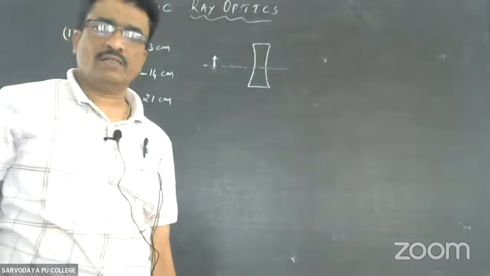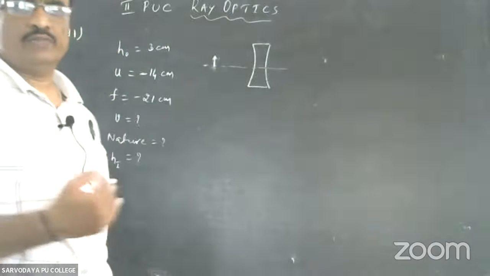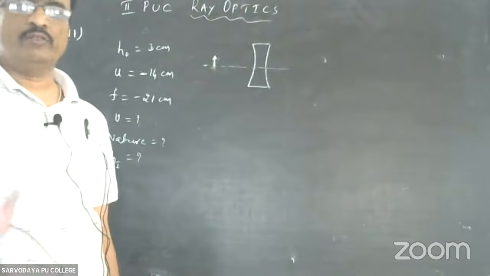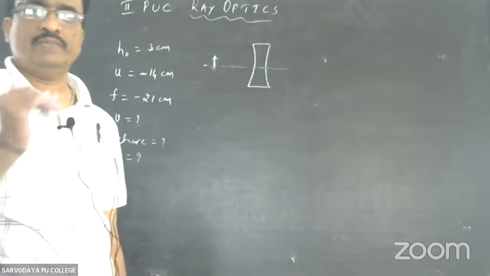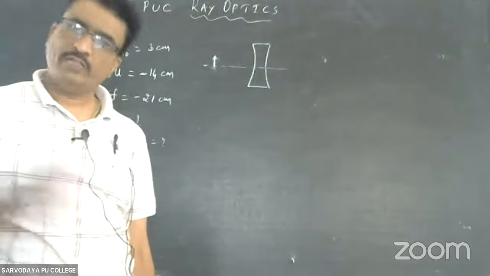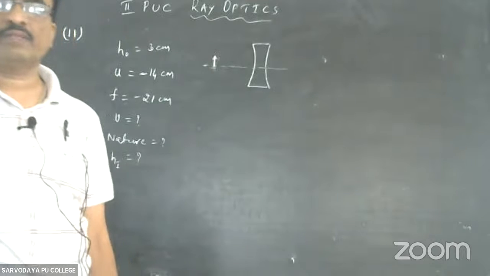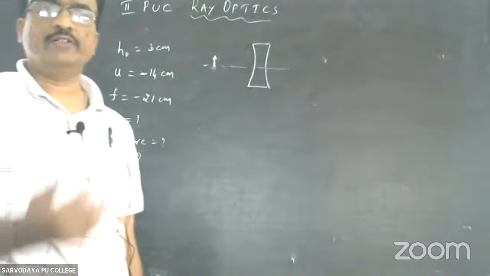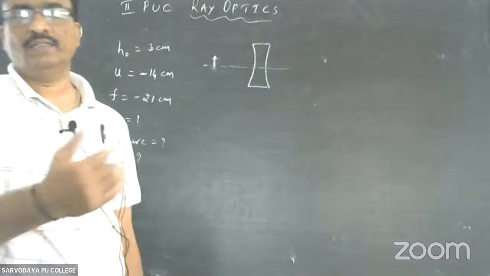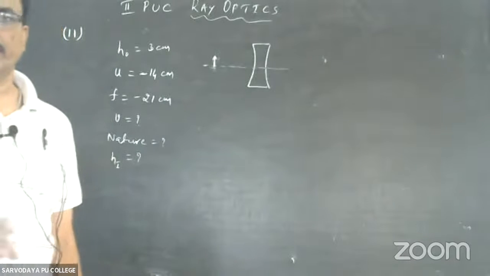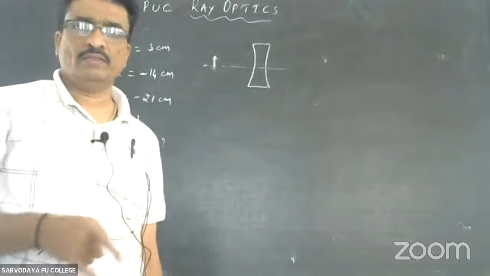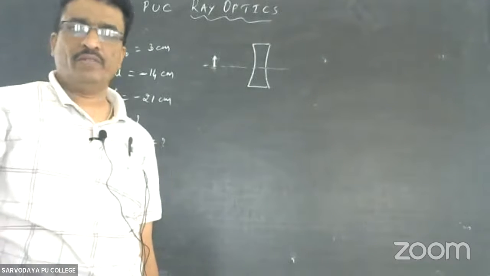In case of convex lens, if the object is within the principal focus, the image will be virtual and it will be enlarged. If the object is placed exactly at the principal focus, that is focal point, image will be produced at infinity. If it is in between f and 2f, that means at a distance twice the focal length or less than that and greater than f, then the image will be beyond 2f and it will be magnified image.